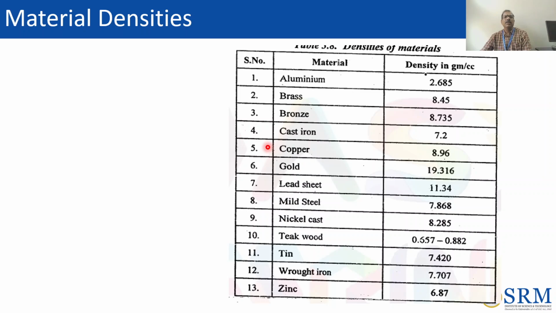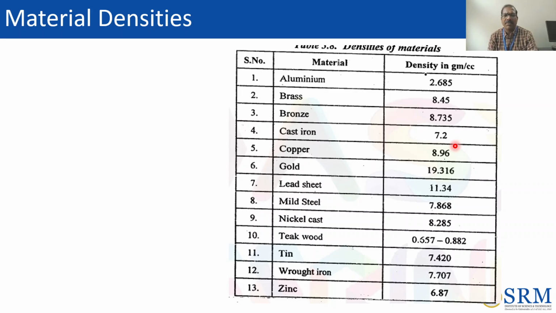Some of those tables are just for simple reference, not final reference. Each material has its own density value, available in the data book. We might have studied it in materials technology, basic physics or chemistry, so we should know the basic densities. Mostly it is given in the question paper.